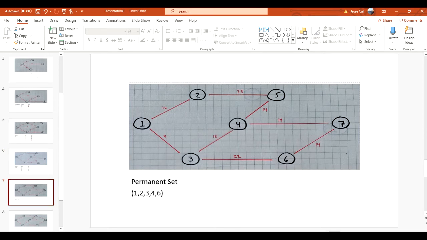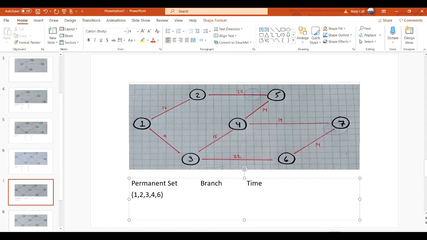So now we're at node number 6. In this situation, node 6, we have 4 branches remaining. 4 branches that haven't been covered. So let's do that now. Branch 2, 5 is not yet covered.